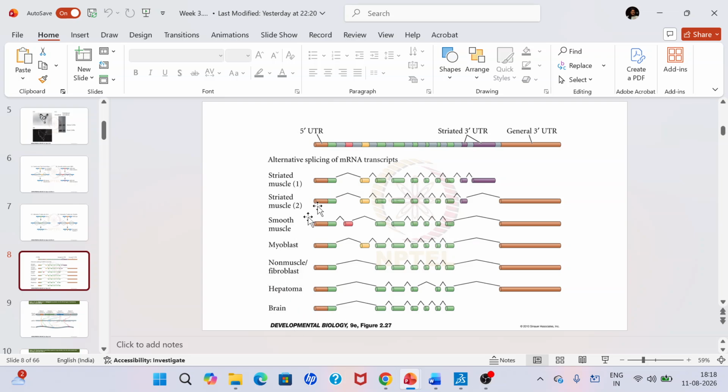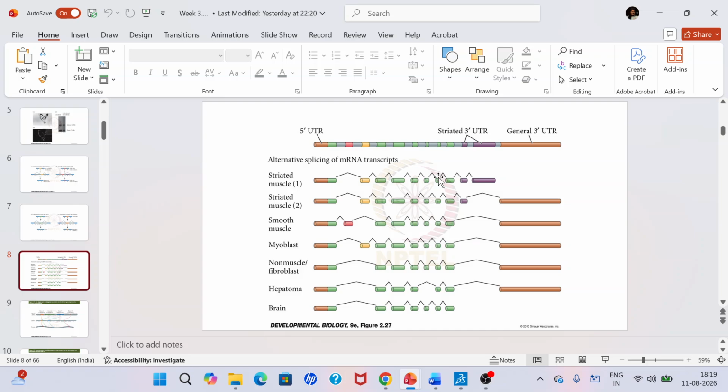Basically, if you can see, this is a whole long complicated RNA, and depending upon the different splicings involved, because the 5' UTR and 3' UTR will remain the same, but obviously the exons that will be included in different tissues will be different. For example, in striated muscle it is different. In striated muscle it will also be differentiated depending upon the location, the stage of maturation, and many factors that are there.